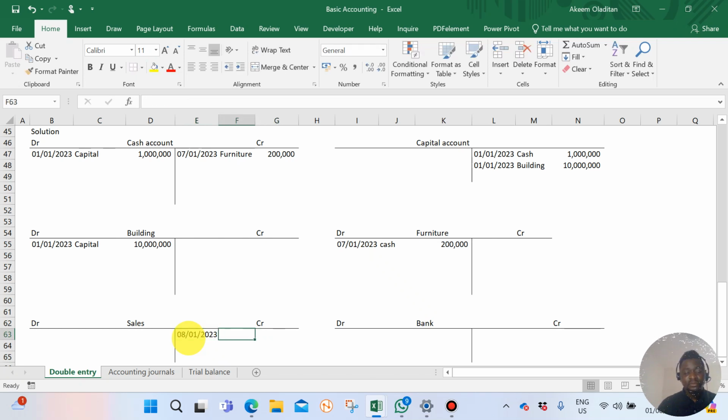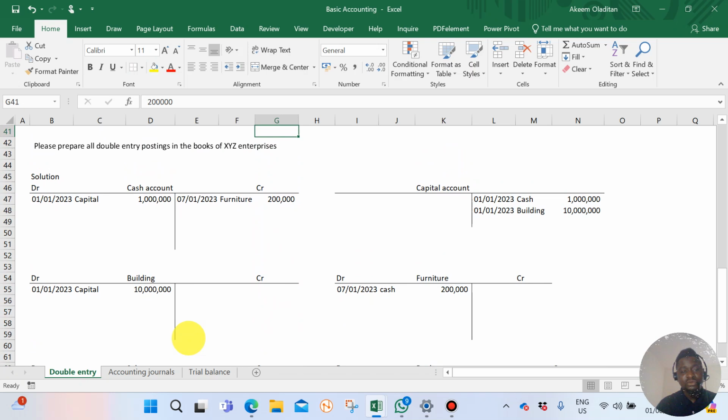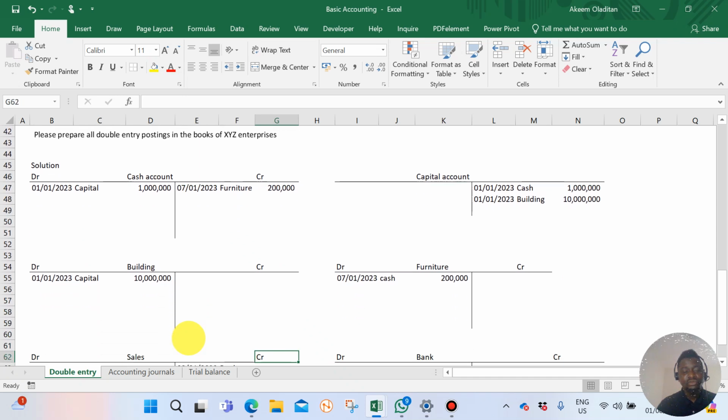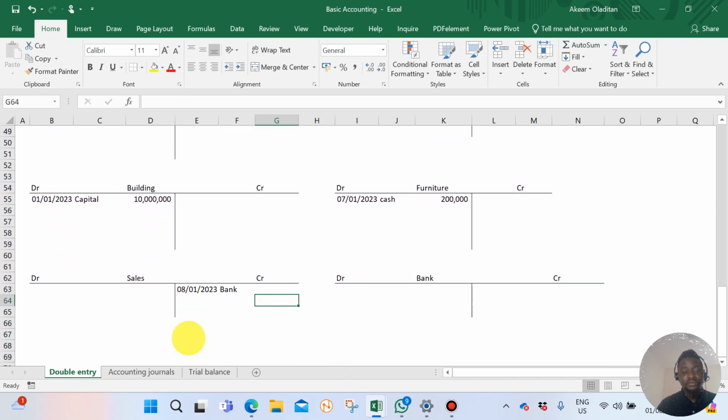8/1/23. So what did we say? How did we receive money for the sales? It's through the bank. How much is it? I think it's 250,000? No, 500,000. Yeah. So we need to always check. 500,000.